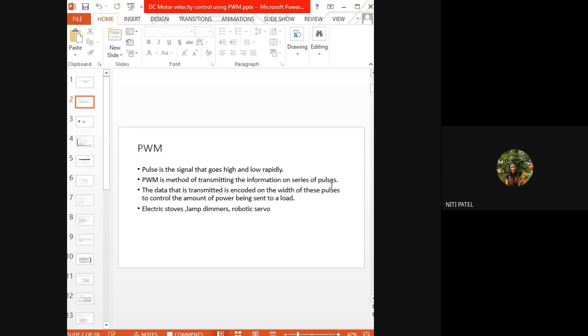The data that is transmitted is encoded on the width of these pulses to control the amount of power being sent to the load. Which data? Either high or low, either 1 or 0. 1 means there is a movement, 0 means there is no movement. This data is encoded on the width of the pulse, and then it is used to control the amount of power. So what is our main aim?